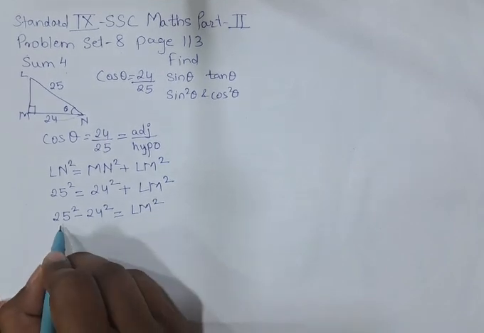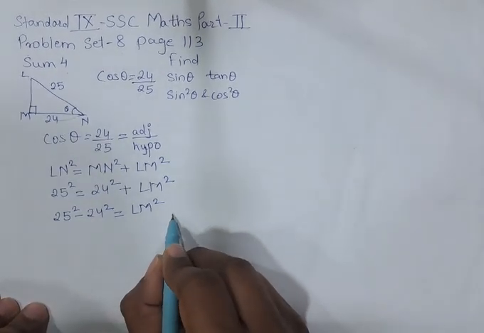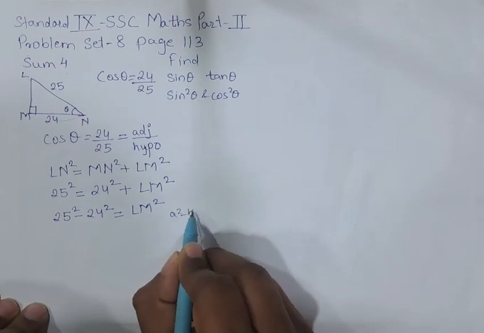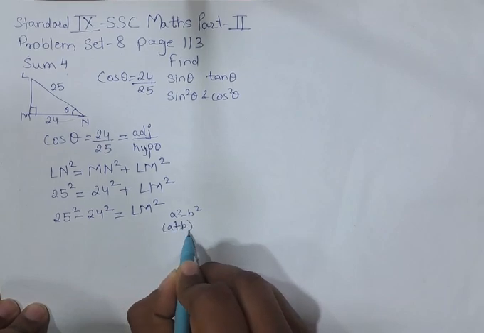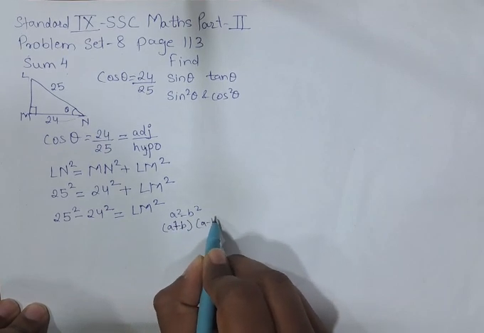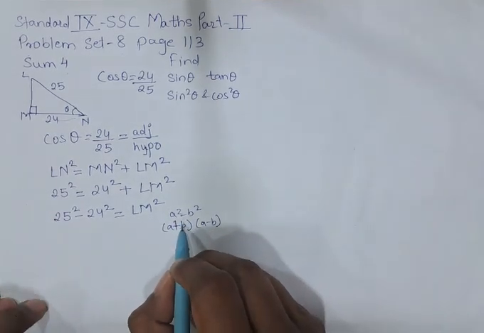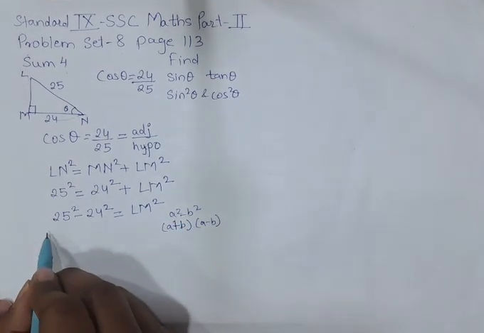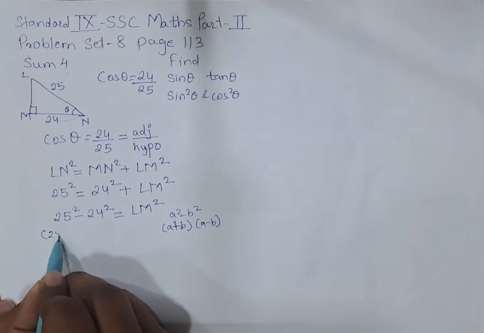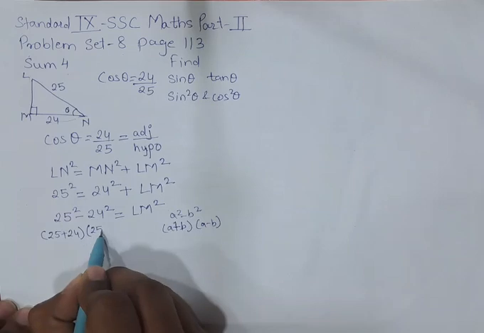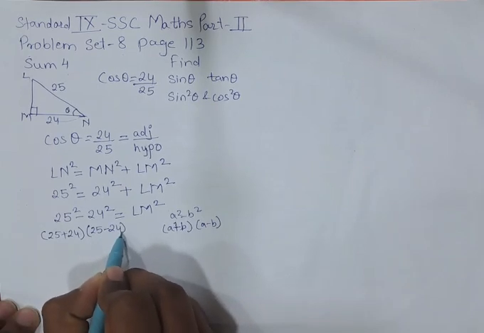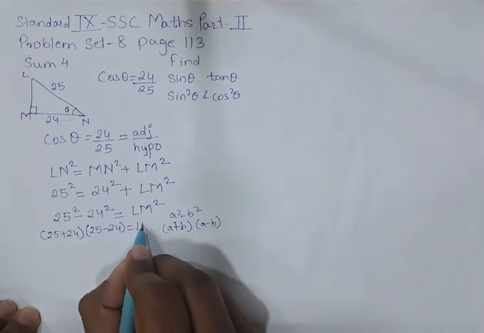Here we are going to use a formula: a square minus b square is equal to a plus b into a minus b. Applying the same formula, 25 plus 24 into 25 minus 24 is equal to LM square.